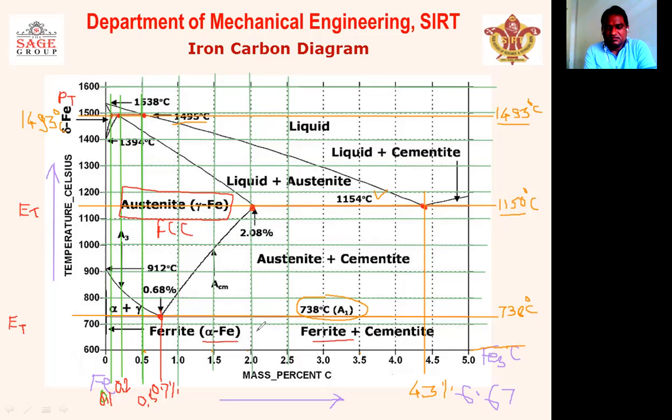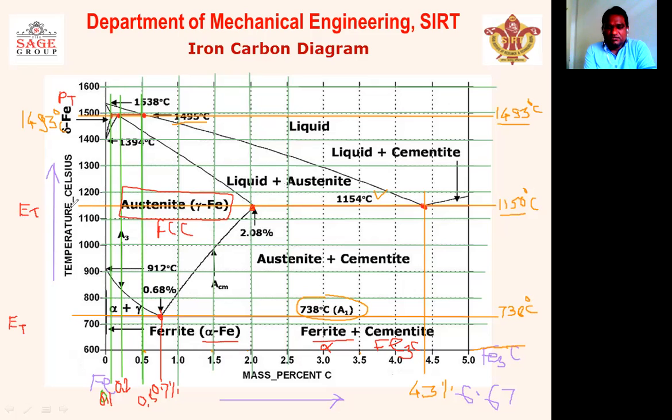Ferrite means alpha, and cementite is Fe3C. So at this point we will get the eutectoid reaction.